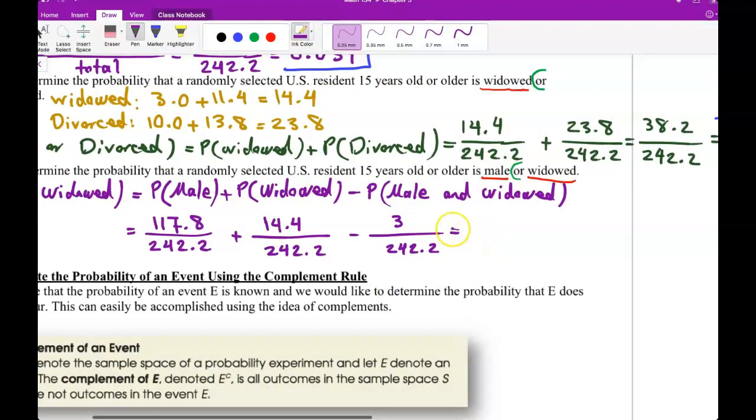Add, subtract. On top we have 129.2. The answer is 0.533.